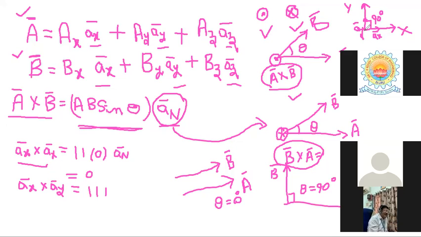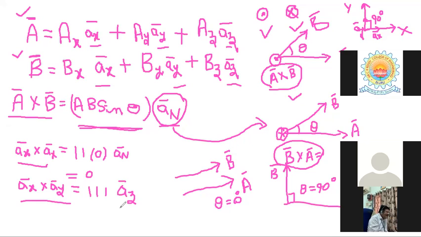So here, the resultant of ax bar cross ay bar gives az bar, that is, an bar is nothing but az bar. How do you get it? Using the right hand thumb rule. Turn your fingers from X to Y, and the thumb gives the Z direction.